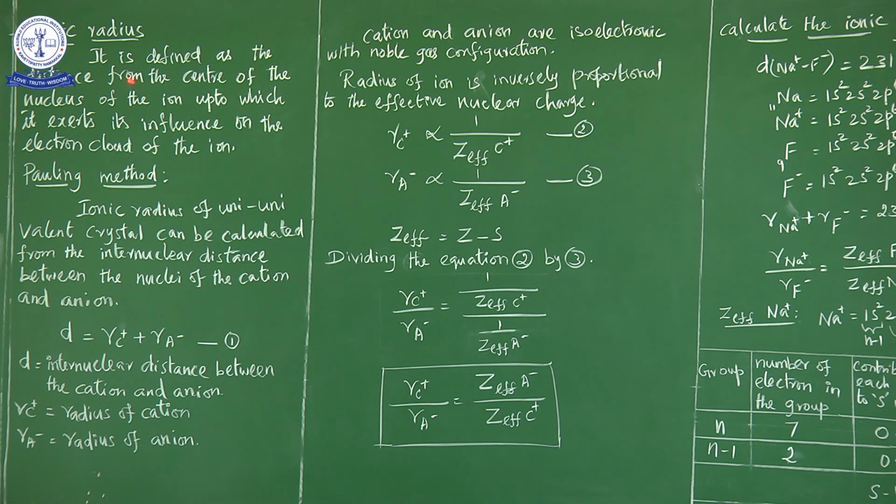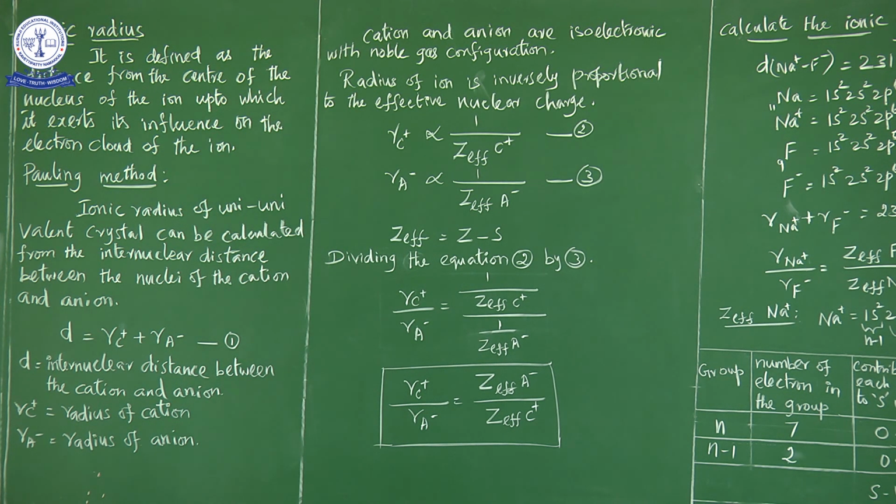So the distance from the center of the nucleus of the ion, so ion-ஓட nucleus portion, up to which it exerts. Exerts means the nucleus gives its attractive force, that is its influence. Its attractive force is influenced on the electron cloud of the ion.